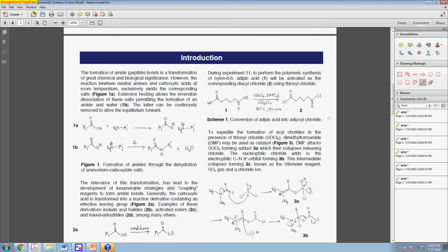So here are the reaction conditions for taking adipic acid, this 6-carbon acid, and converting it to the diacid chloride. We're going to use thionyl chloride and DMF in dichloromethane. It's going to be very important that this reaction is done under strict anhydrous conditions. So before we start the reaction, we are going to dry our glassware overnight.